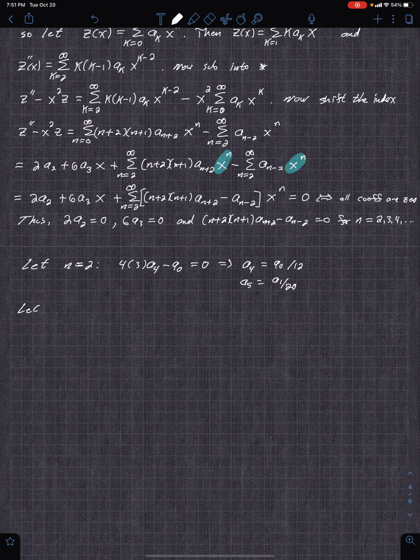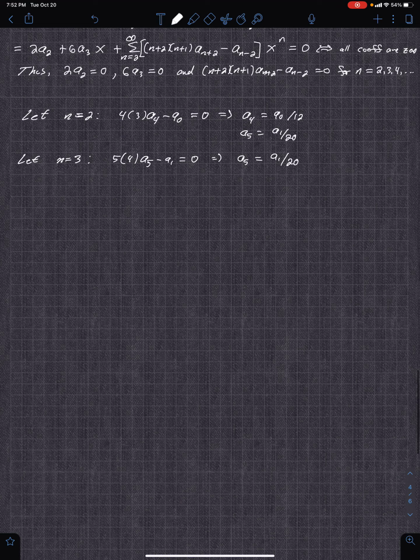Then we're going to let n equal 3 next and see what happens. So we get 5 times 4, a5 minus a1 equal to 0. So a5 is equal to a1 over 20. And now you want to look for that pattern.